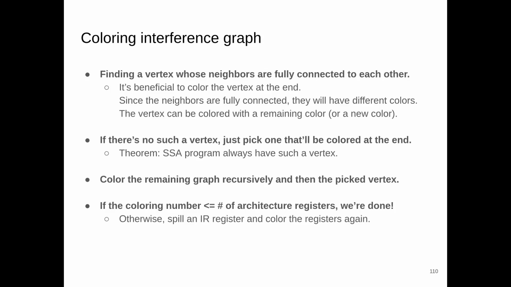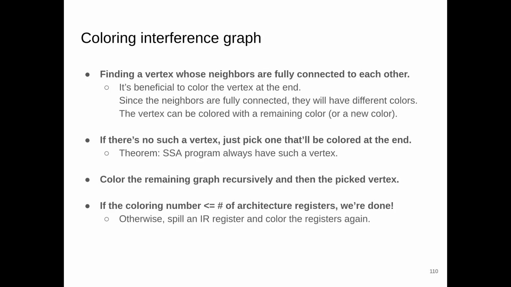That's basically the problem. And here's the key idea. Here's an observation: if there's a vertex whose neighbors are all fully connected to each other, then it is a very special vertex. This vertex has many neighbors in the interference graph, and they are all connected to each other.